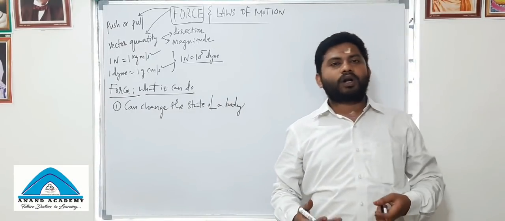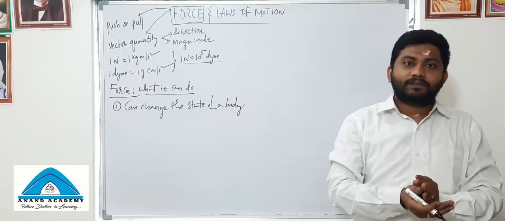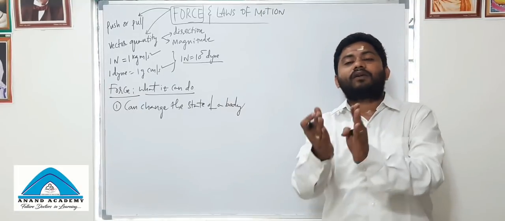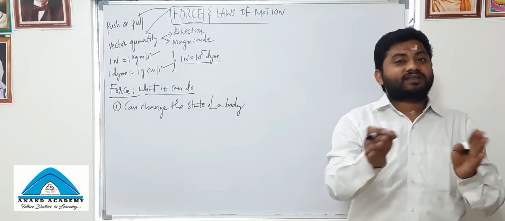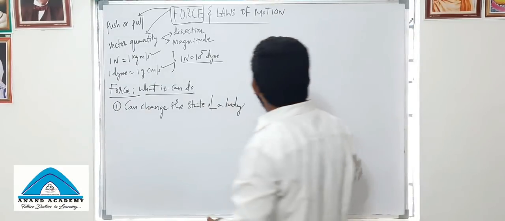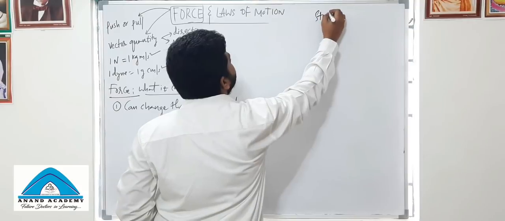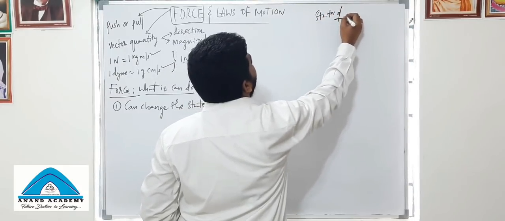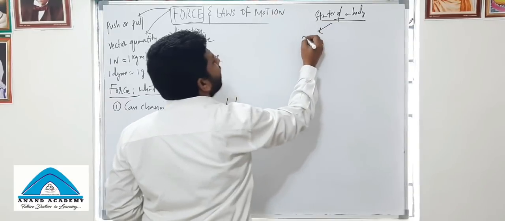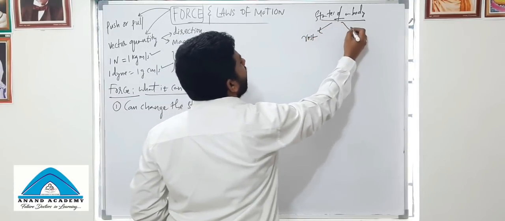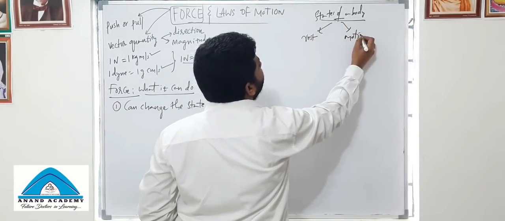Number one, the body may be in the state of rest. Number two, the body may be in the state of motion. That's it. So the same thing I will write here: the body may be in the state of rest or in the state of motion.